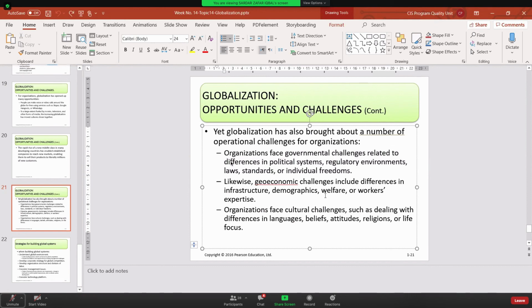Likewise, geoeconomic challenges include differences in infrastructure, demographics, welfare, or workers' expertise. Yes, the infrastructure here in Saudi Arabia is different, in China may be different, in the US may be different. The demographic also, the young population or the old population.